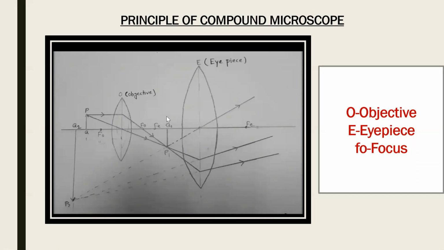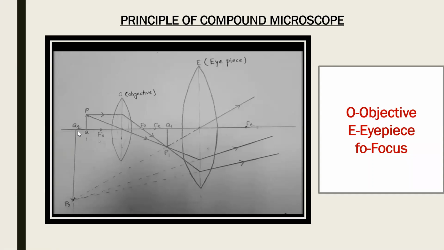So compared to P1Q1, what about this image? Is it erect or inverted compared to P1Q1? Erect. Because P1Q1 is downward facing, P2Q2 is also downward facing. So we got a big magnified erect image of this object. But when we consider the main object PQ, what about the final image?